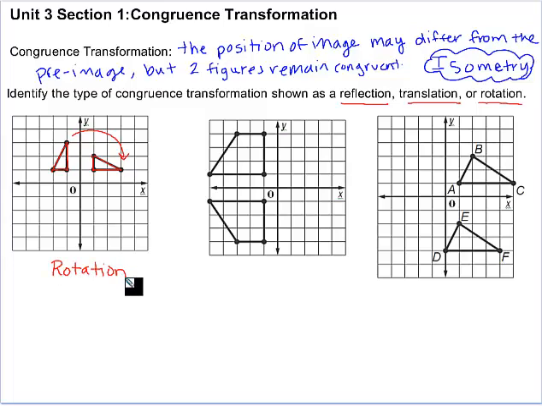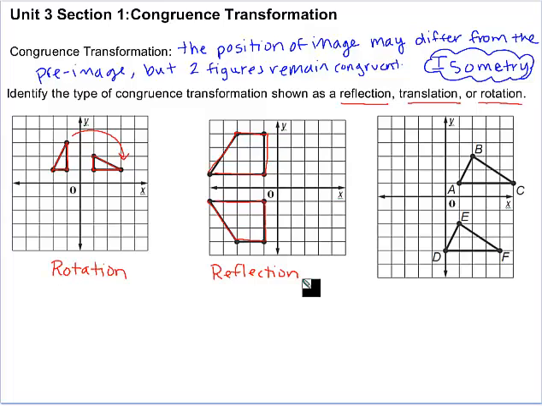The second image, we have two different quadrilaterals. Here's our image and our pre-image. And if we take a look at those, that is definitely a reflection across the x-axis. So this would be a congruence transformation of a reflection.